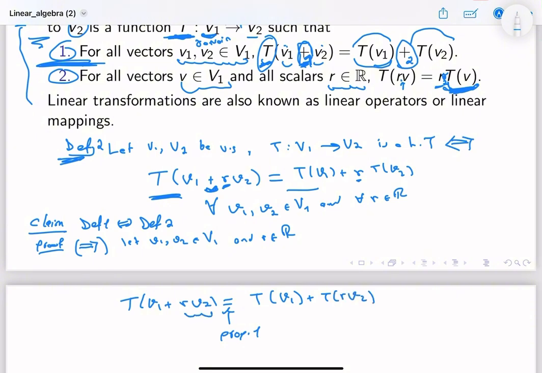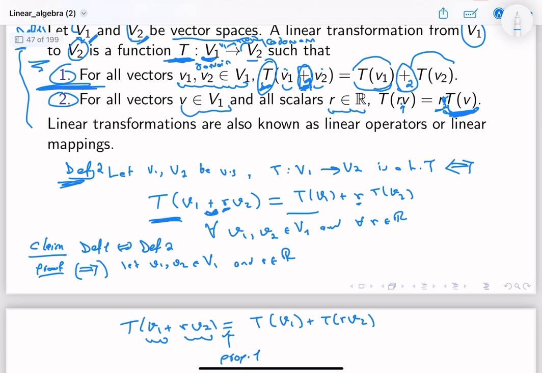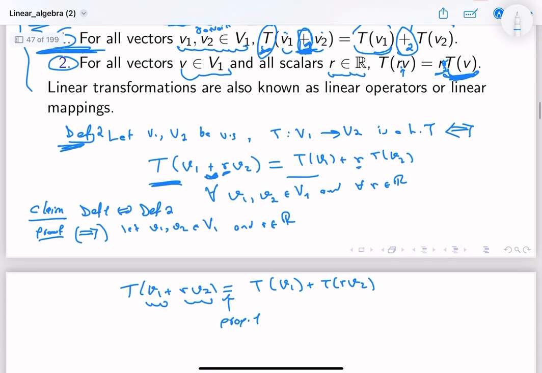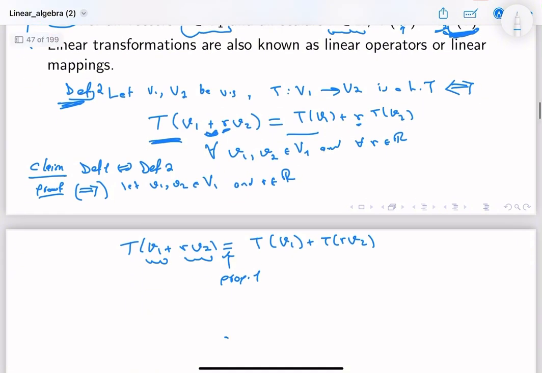Because if you consider this as a vector in big V1, and this is a vector in big V1, then we can apply this property that T respects the addition, and thus we can split this into two. Now, by property 2, we have that this is the same as T of V1 plus R T of V2.